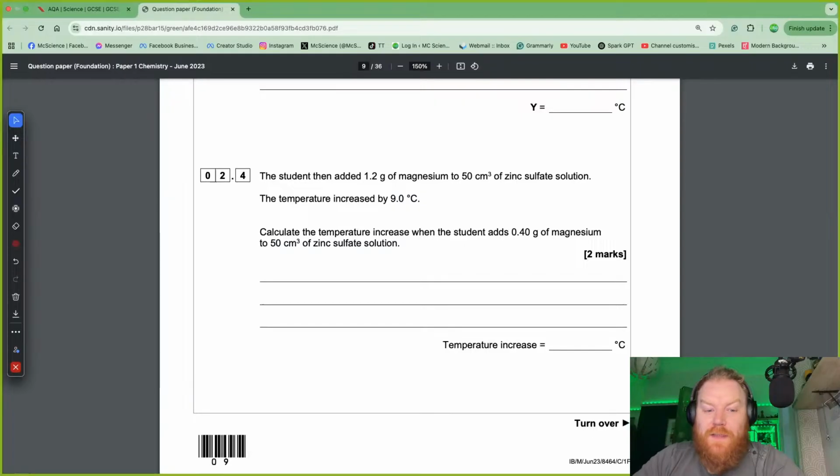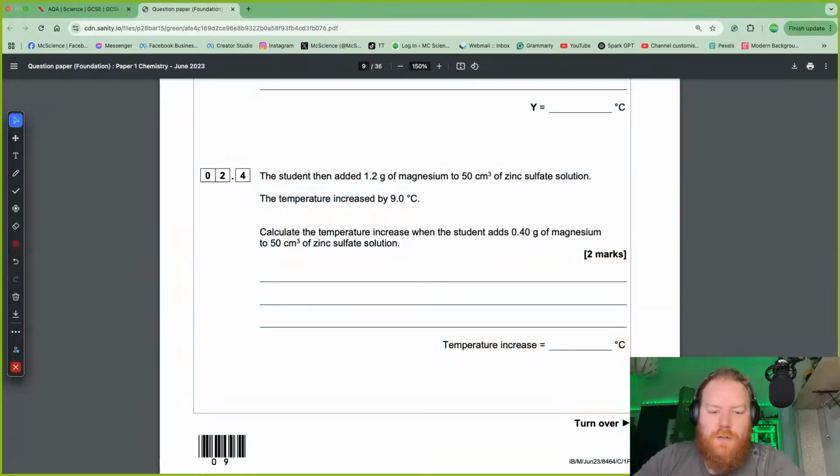With this calculation, we would be looking at the temperature change. So the temperature change is 9 degrees. Our original added amount is 1.2. So we need to know the difference so that then we can add the additional temperature.